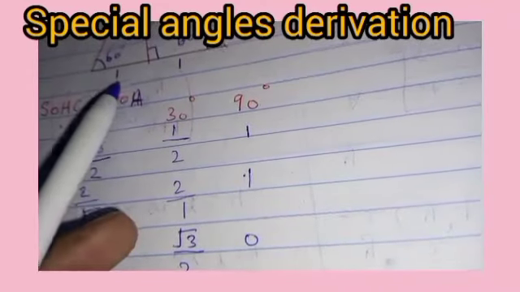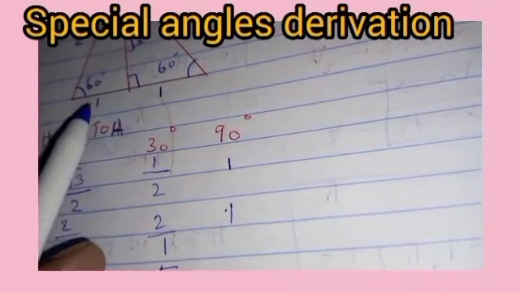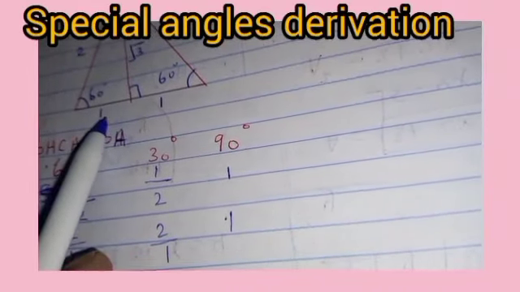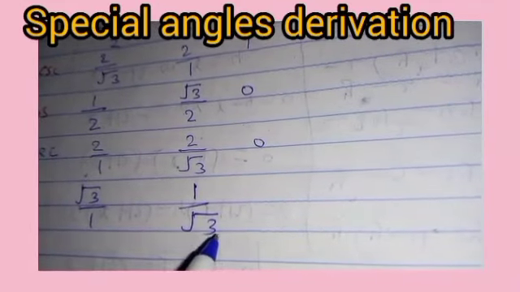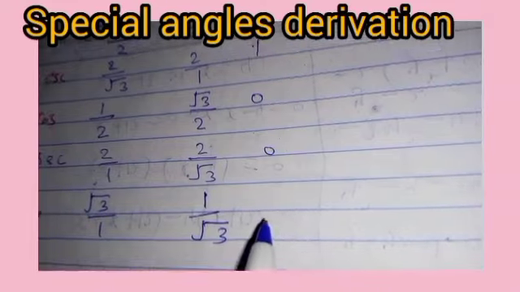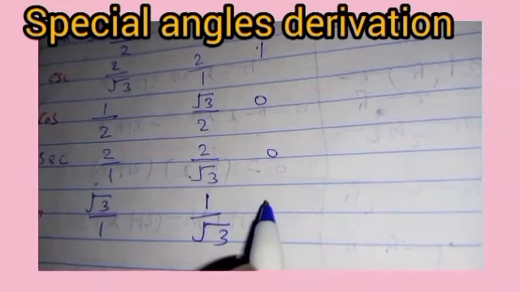Now the tan of 30 is the opposite, which is 1, over adjacent, root 3. The tan of 90 is not defined, so it is undefined.